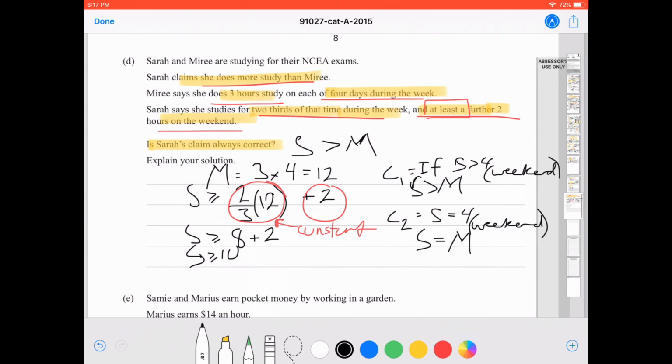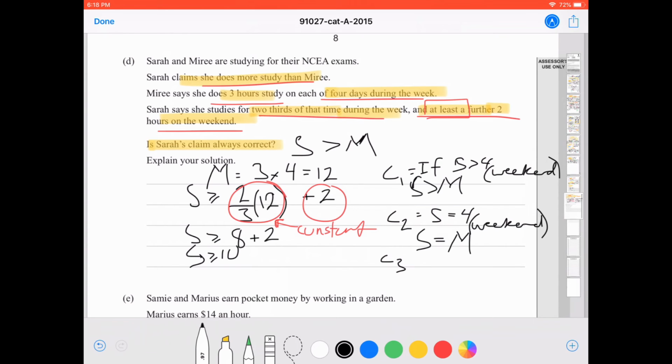Let's say Sarah studied for 4 hours on the weekend and not 2. That would mean S is greater than or equal to, well, it's equal to, in this case, 8 plus 4, and therefore it's equal to 12, and that, of course, is the same as Marie. Okay? That's condition 2.